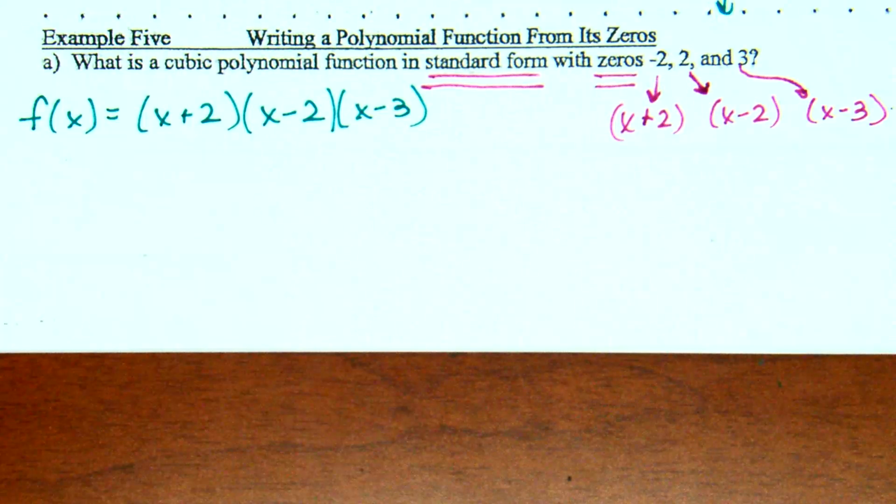Now, how do we multiply 3 sets of parentheses? Put 2 of them together, get that answer, and then we'll incorporate the third. You can pick any 2 you want. Me personally, I'm going to pick x plus 2 and x minus 2 because they're conjugates of each other. They're going to make life a little bit better.